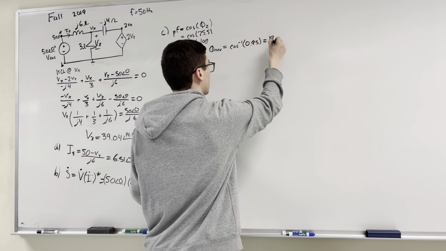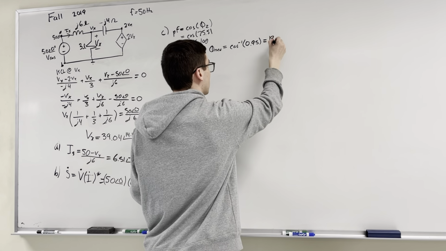So this can be equal to the real part of 325 with a phase angle of 75.5, plus Q new. Now we have to go to the power triangle.